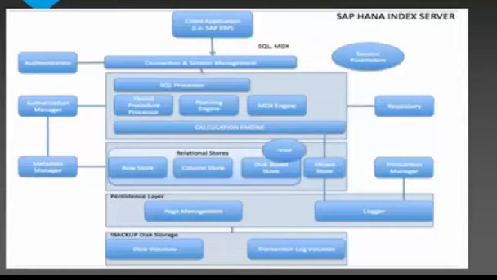The SAP HANA database also contains, as I have explained before, the planning engine, which allows the financial planning application to execute the basic planning operations in the database layer. So we have these different engines to perform different functions, like the planning engine to perform financial planning for the financial planning applications.